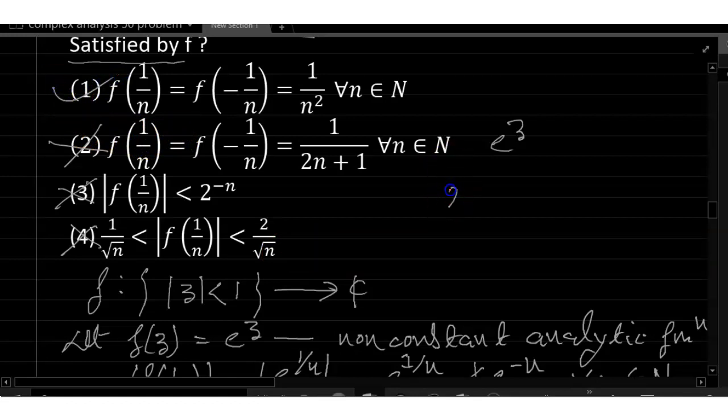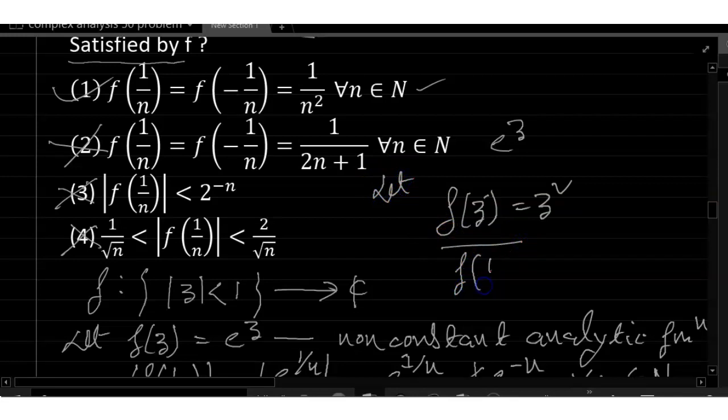We can take f(z) equals z square. Then f(1/n) equals f(minus 1/n) equals 1 by n square. This is possible.